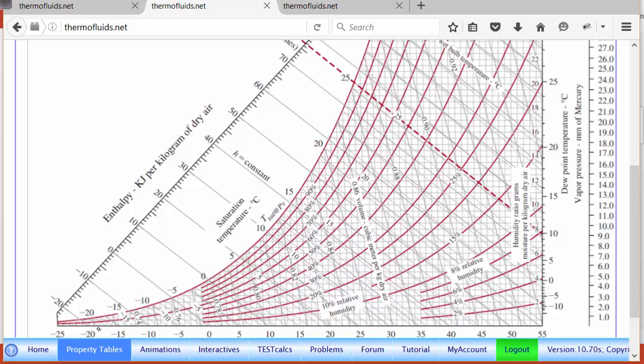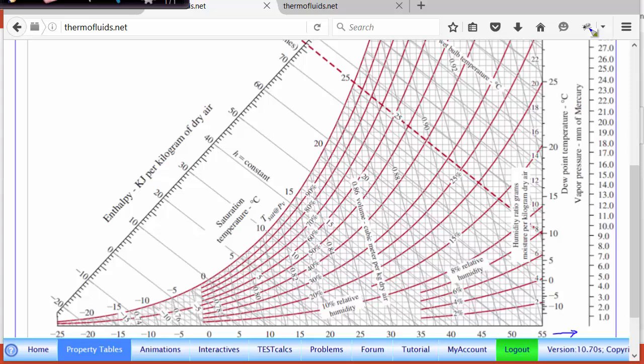As you recall, this is our temperature axis, dry bulb temperature. As you can see, it goes from minus 25 to plus 55 degrees Celsius. And these are our PV and omega axes.